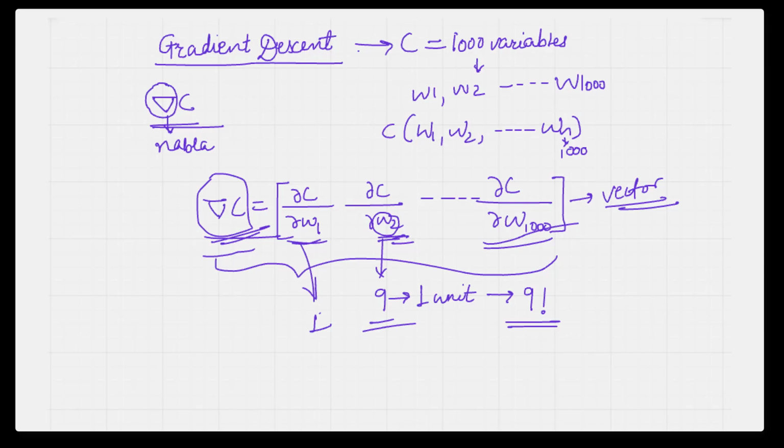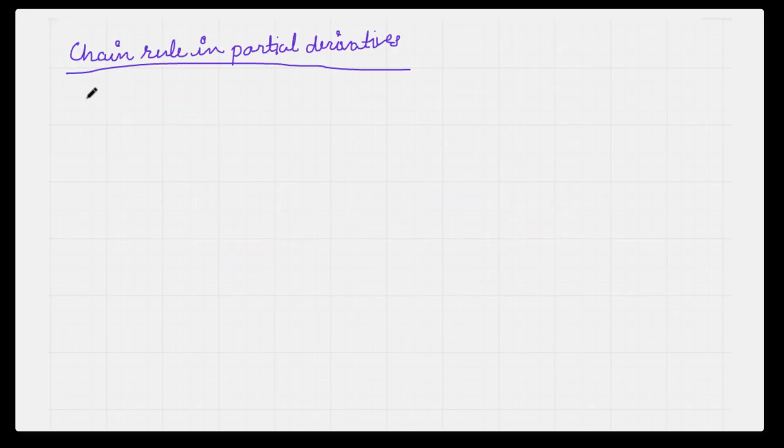Now let's see what the chain rule is with partial derivatives. I definitely promise that this is the last piece of math we need before we can fully understand neural networks. Now, let's say I have a function v, which is nothing but 3x plus 4y. Here I have x as 3a square and y as 4b square.